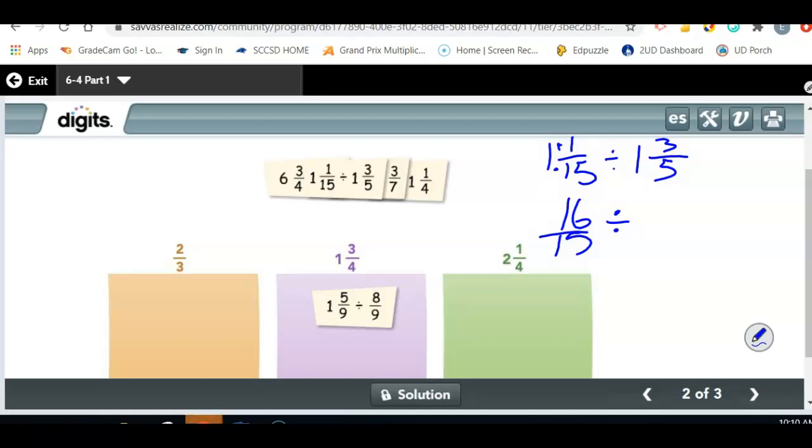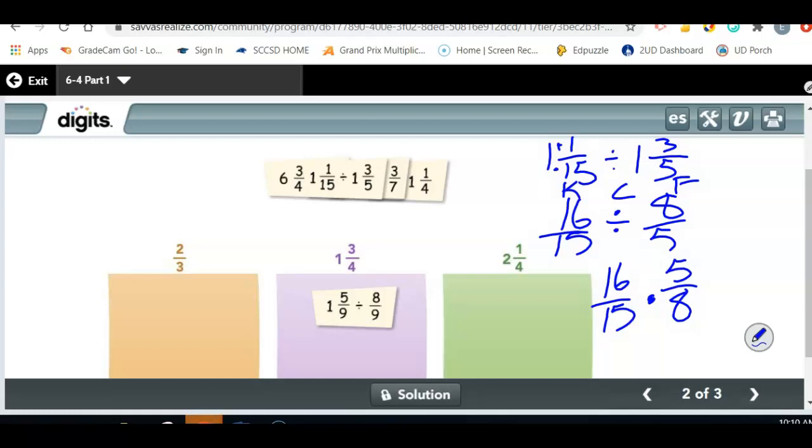Ariana? Good. 1 and 3/5 changes to an improper fraction. That's 5 times 1 is 5, plus 3 is 8/5. Next step is what, Macy? Awesome. Keep, change, flip. 16/15 times 5/8.